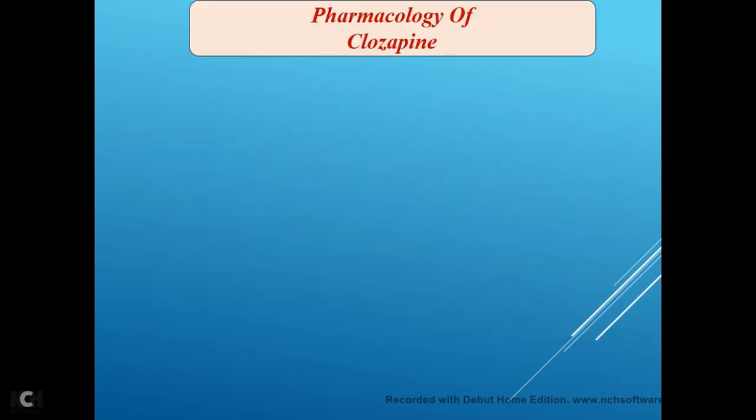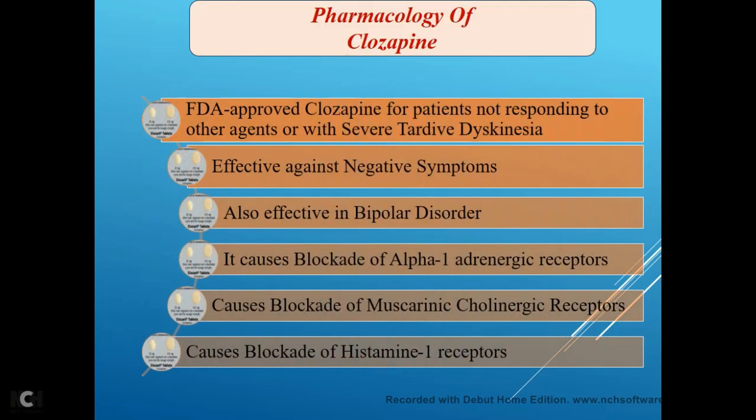Now, atypical medications. The FDA approved clozapine for patients not responding to other agents or with severe tardive dyskinesia. It is effective against negative symptoms and also effective in bipolar disorder. It causes blockage of alpha-1, muscarinic cholinergic, and histamine H1 receptors.